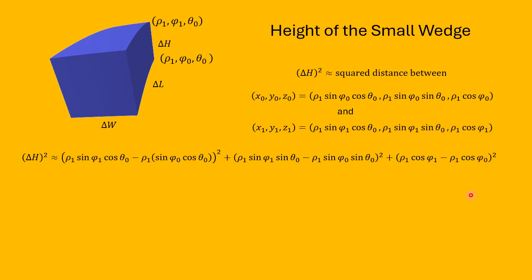So what we need to do is to simplify that, and simplify, simplify, simplify. This is going to require doing some algebra and perhaps using some trig identities along the way.